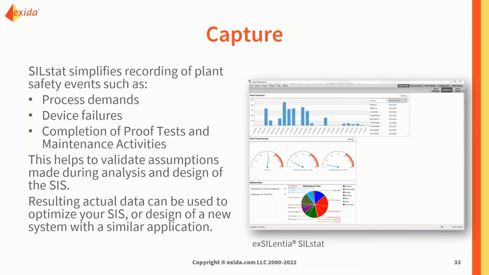So we also have the SIL Stat. The SIL Stat is basically capturing all the information from your maintenance and your operations, so that if you don't really have any failure rate data or any kind of certifications for your instrumentation, then after operating for a while, you can use the data that you have collected yourself to do the certification yourself, and argue that it's proven in use for your application.